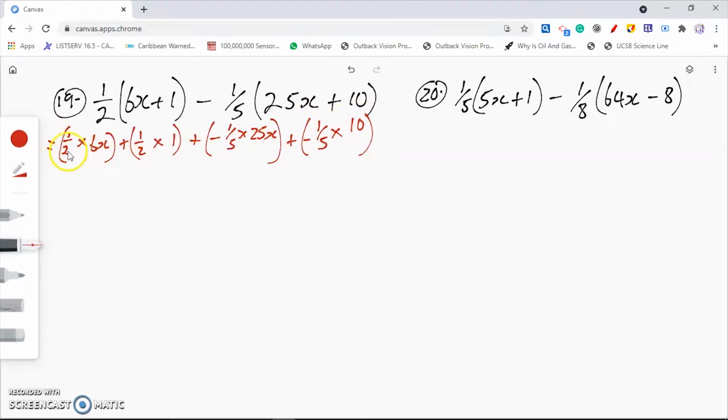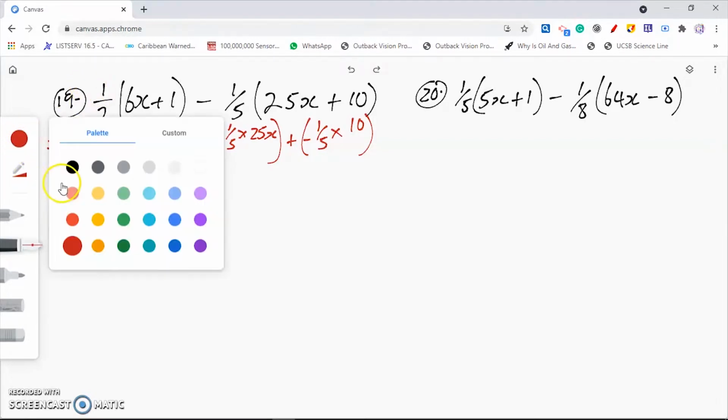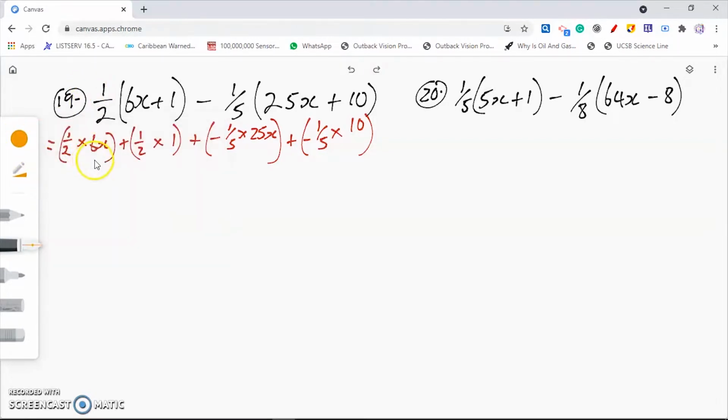Now half of 6 is 3, or you can say 2 into 2, 1, 2 into 6, 3. And across here we could say 5 into 5, 1, 5 into 25 is 5, and 5 into 5 is 1, 5 into 10 is 2.